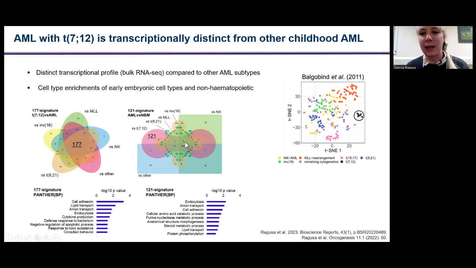We also spent some time looking at different signatures that could define t(7;12) compared to AML. And we derived these signatures, and they have a lot of enrichment of adhesion biological processes and morphogenesis genes. And if you look at the cell type enrichments, they are very early embryonic cell types. And again, this could explain the in utero origin.